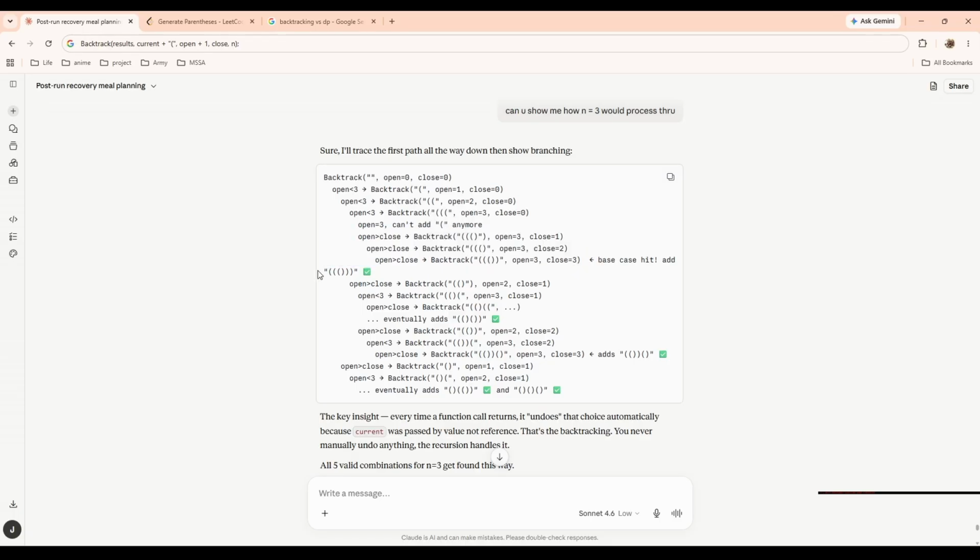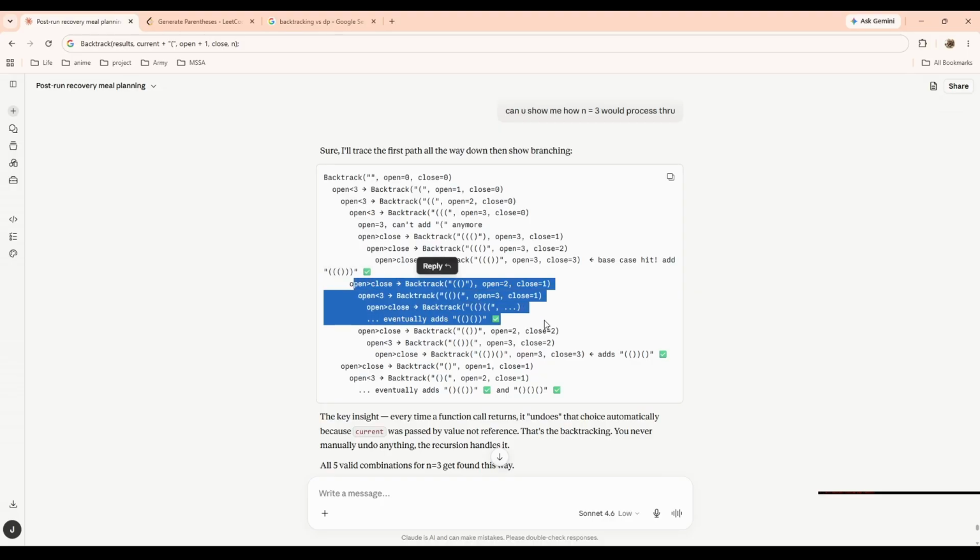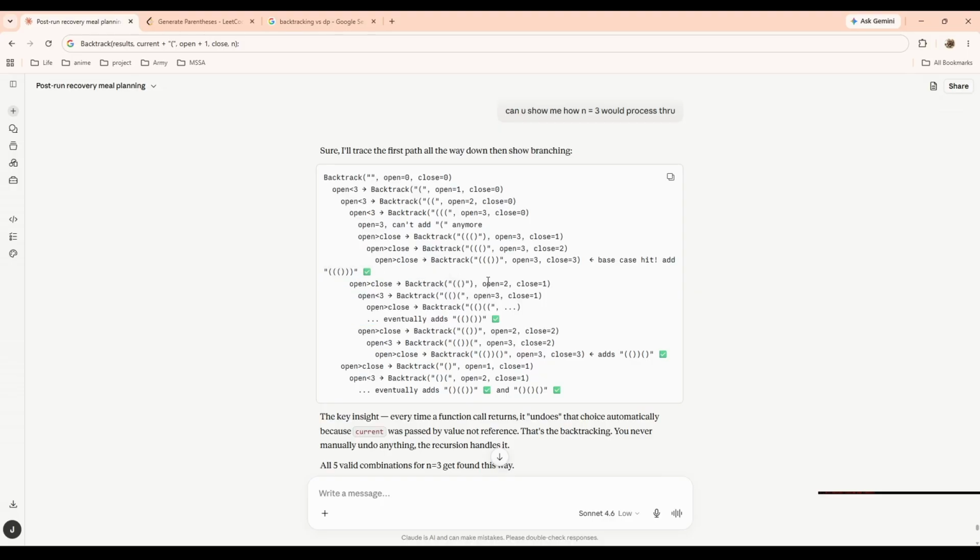So we have explored this path, and after that, this part was a little tricky for me. We don't subtract 1 from the open. We just go back to the last instance that was not explored. So because we have explored this path of, okay, we have 3 open parentheses, and then we close all 3, and that's what happened. Before we get there, what do we have?